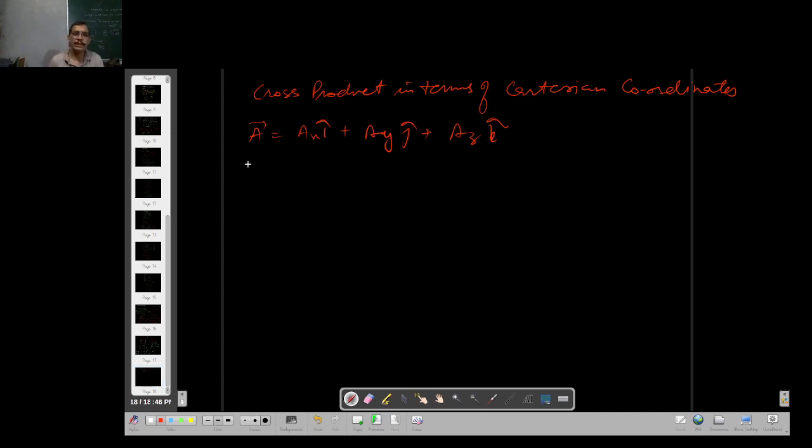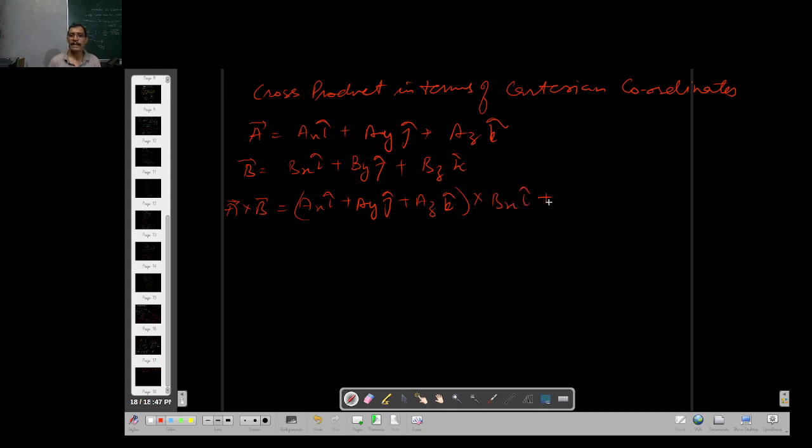Similarly, let me write down that this B vector is equal to bx i cap, by j cap, and bz k cap, and let us try to find out their cross product. So A cross B can be written like this: ax i cap, ay j cap, az k cap, cross bx i cap, by j cap, and bz k cap, right?